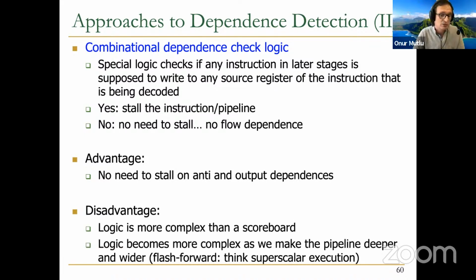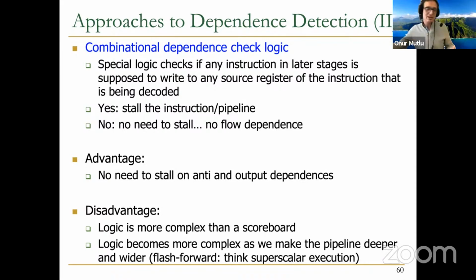The disadvantage is that the logic is more complex than a scoreboard because you need to do this checking. Basically, at the decode stage, you need to check if any of the source registers that you're trying to read from matches any of the registers that are going to be written by any of the instructions in later stages in the pipeline. So if there are 1,000 stages in the pipeline, I'm exaggerating, of course, you have 1,000 possible writing instructions, and if each instruction is writing to one register, you have 1,000 things to check.